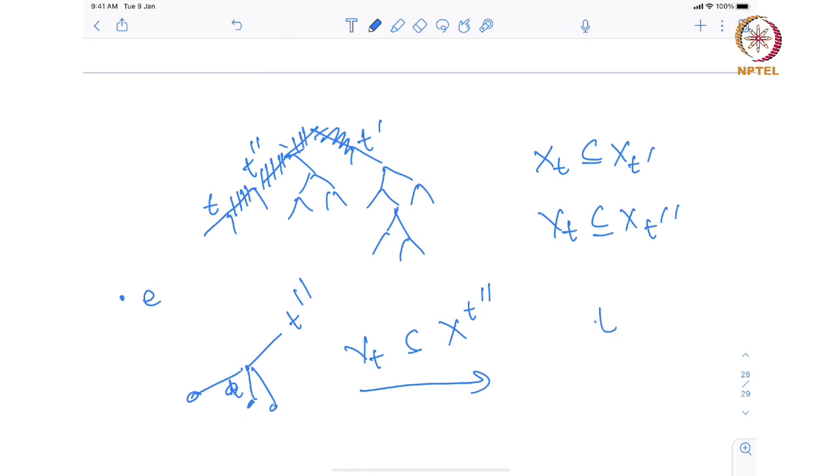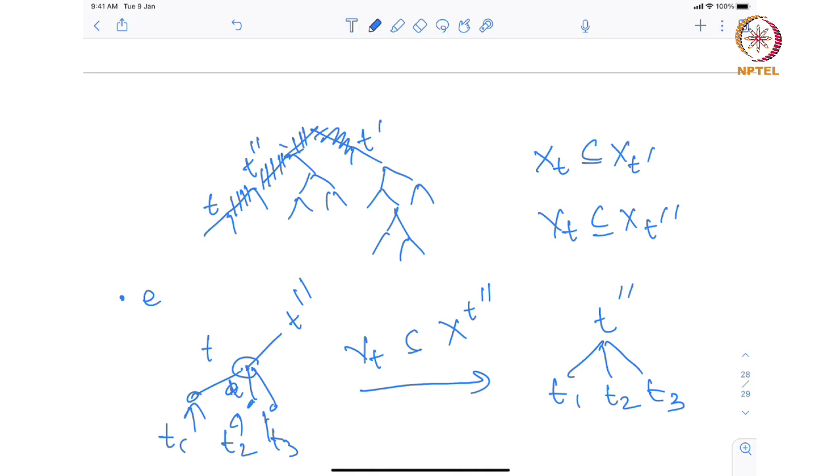The transformation is that you forget t and make T1, T2, T3 directly adjacent to t double prime, and that's it.